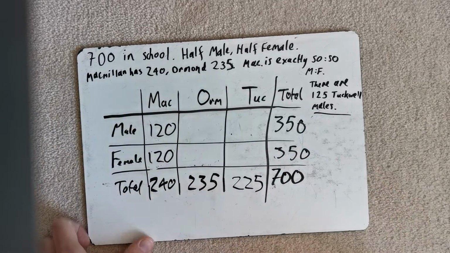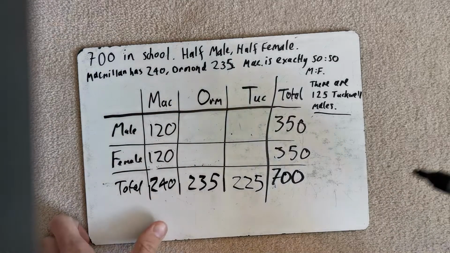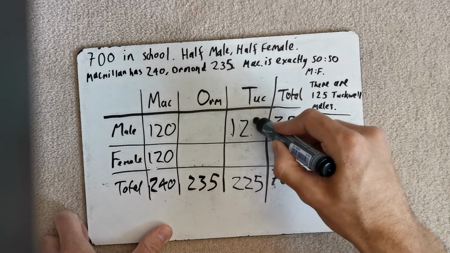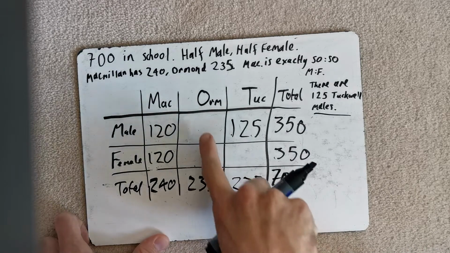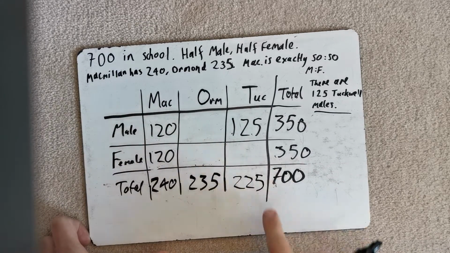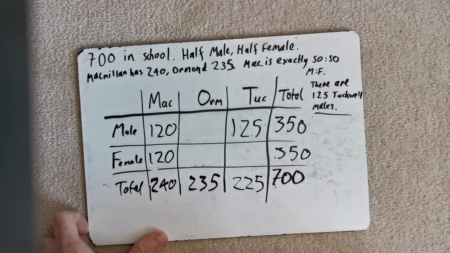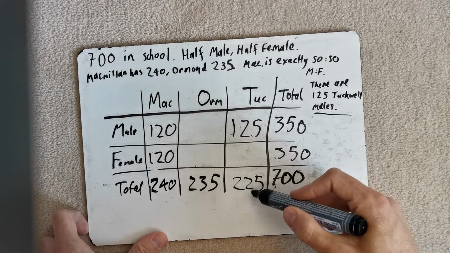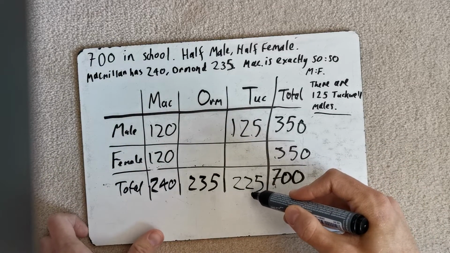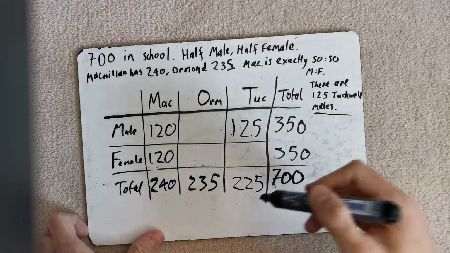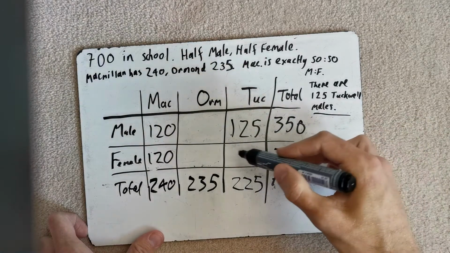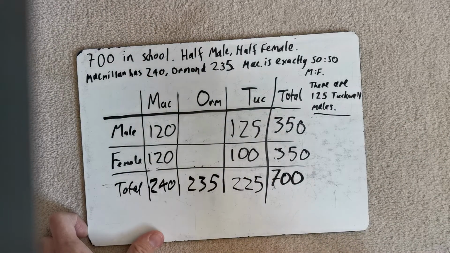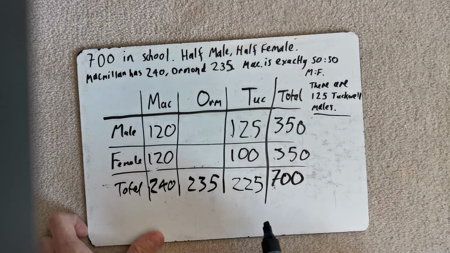So 125 Tuckwell males. We can use that. So what can we fill in next? We could fill in this one, or that one. I think this one's nice and easy to work out first. So 225 Tuckwell students, take away the 125 Tuckwell males, you're going to get 100 girls.